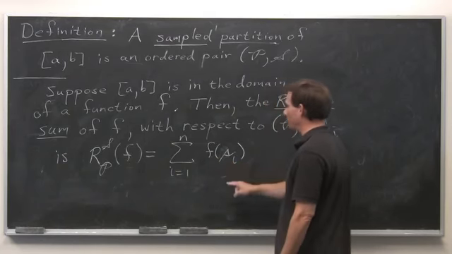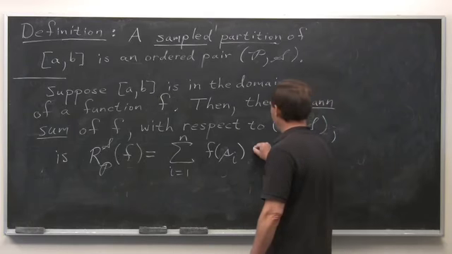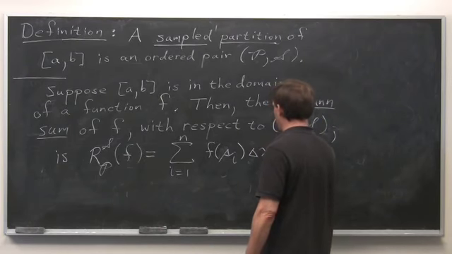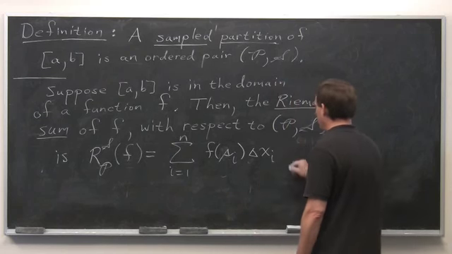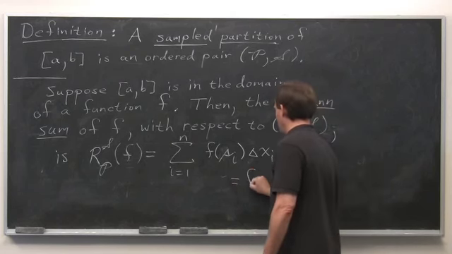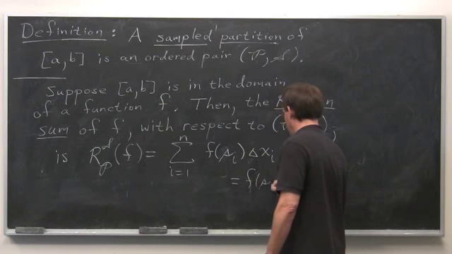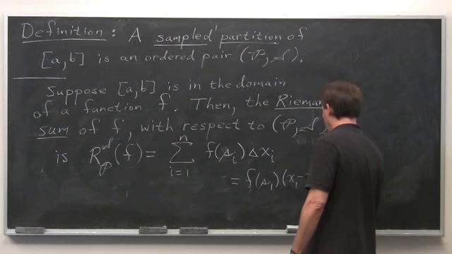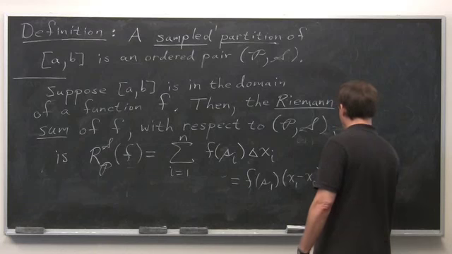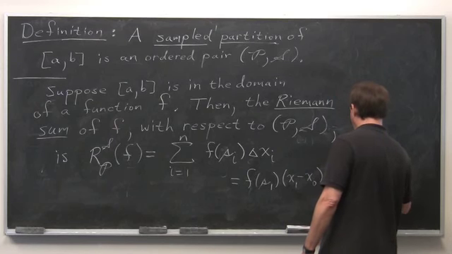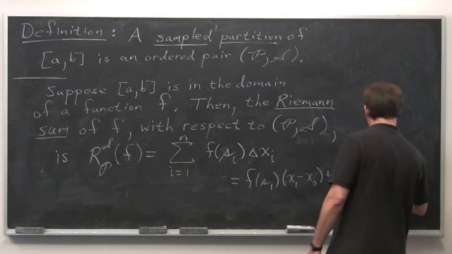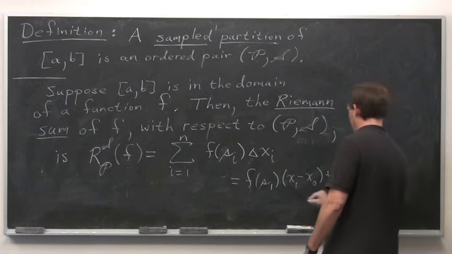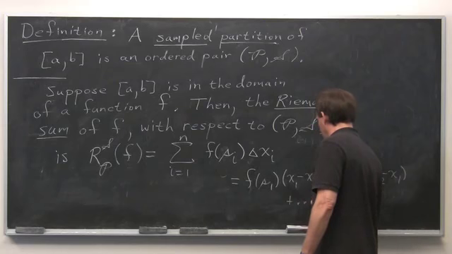So you evaluate your function at your sample point, and you multiply times the width of the subinterval containing that sample point. So this is just f at your first sample point times the length of that subinterval, plus f at the second sample point times the length of that subinterval, and so on, up to the last one.